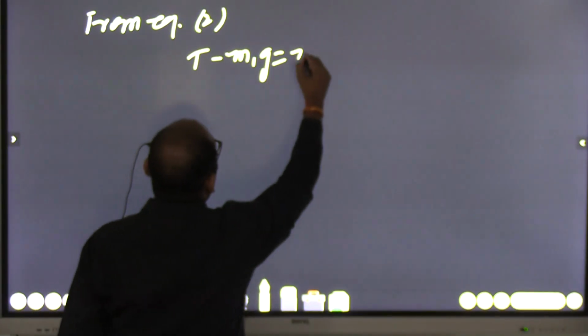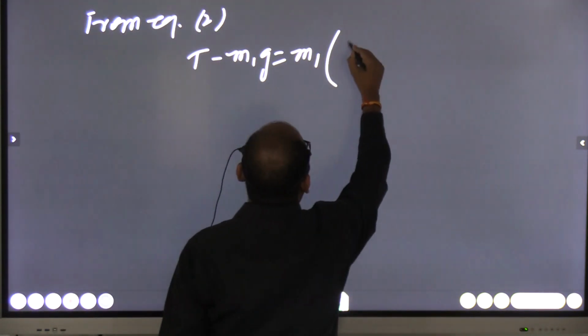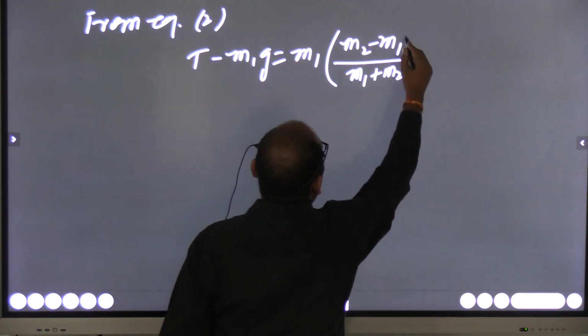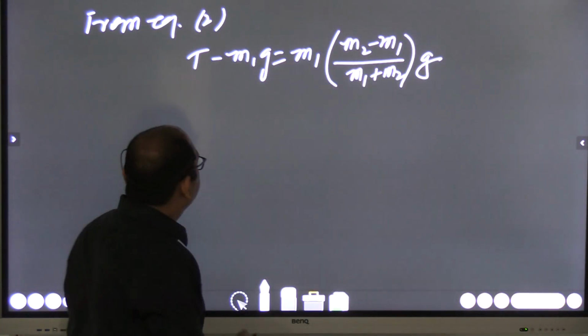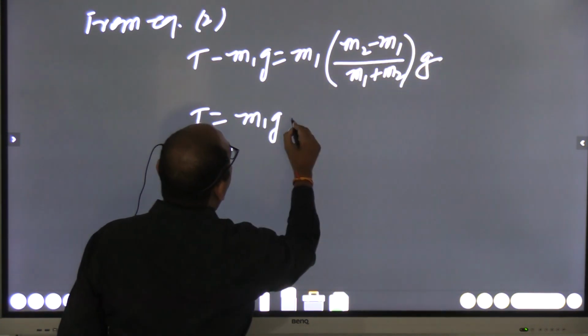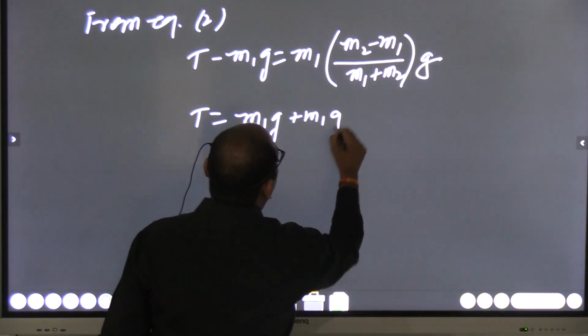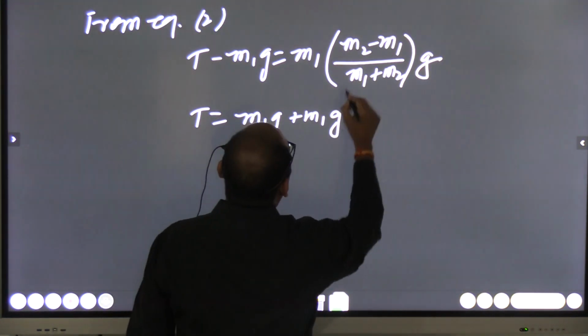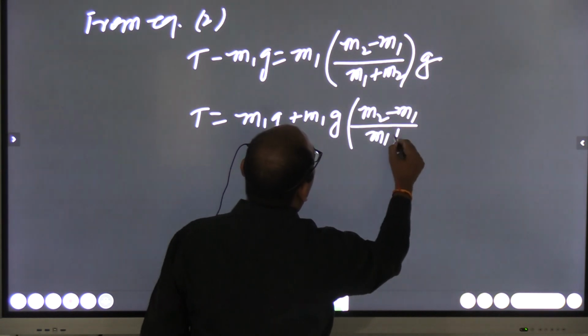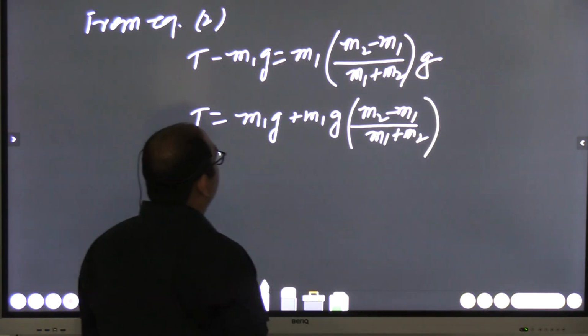So T minus M1G is equal to M1A, where the value of A is M2 minus M1 upon M1 plus M2 into G. So tension is equal to M1G plus M1G, and M1G can be taken as common: M1G into M2 minus M1 upon M1 plus M2.